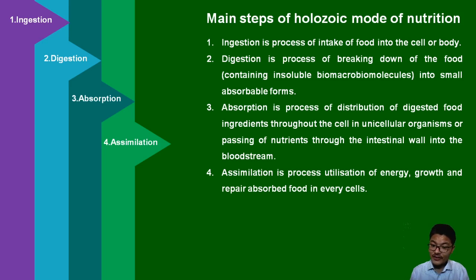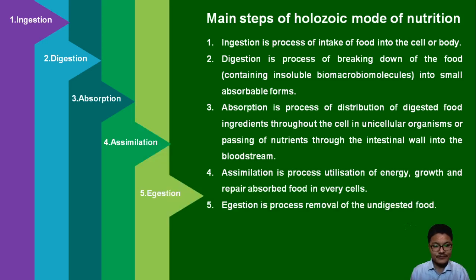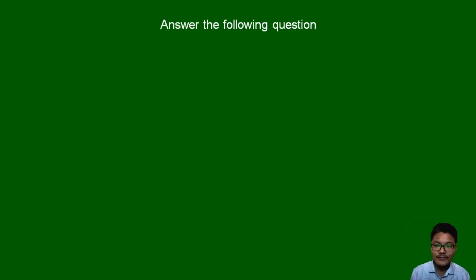Assimilation here refers to using the nutrients for deriving energy, growth and repair, and for carrying out every life process. Lastly, egestion occurs. Egestion is the process of removal of undigested food. So these 5 steps are occurring in holozoic mode of nutrition, the same in case of nutrition in human and amoeba.